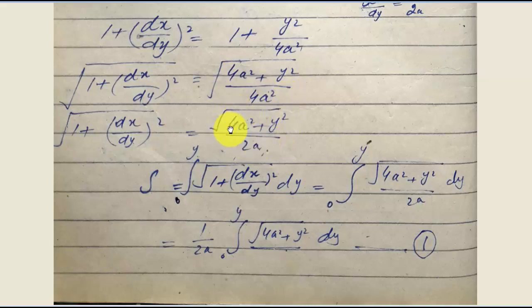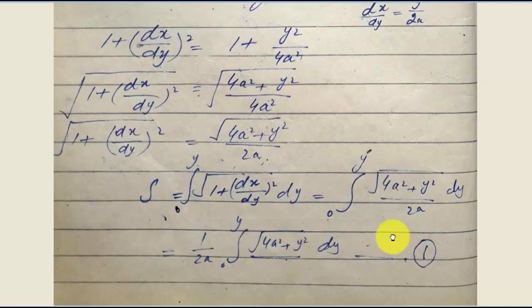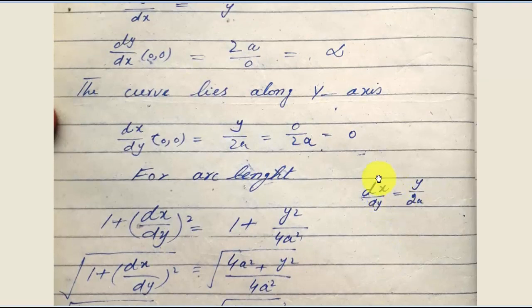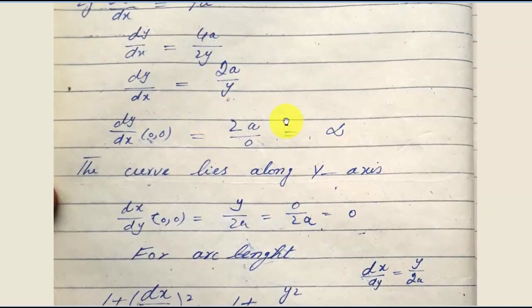This square root is only for 4a square plus y square. So arc length is the integral from 0 to y of the square root of 1 plus (dx over dy) square, dy, which is the integral from 0 to y of the square root of 4a square plus y square over 2a, dy, that is 1 over 2a times the integral from 0 to y of the square root of 4a square plus y square. Look at this: dx over dy is equal to y over 2a, the reverse of this derivative.